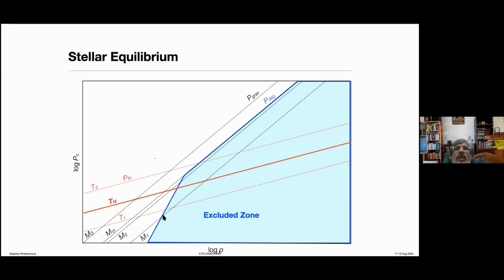So they'll never really become a star. We call these objects brown dwarfs. Many of them do exist, but they do not fall into the category of stars. They never get hot enough to burn hydrogen, because degeneracy pressure stops the nuclear burning before even the hydrogen has been ignited.